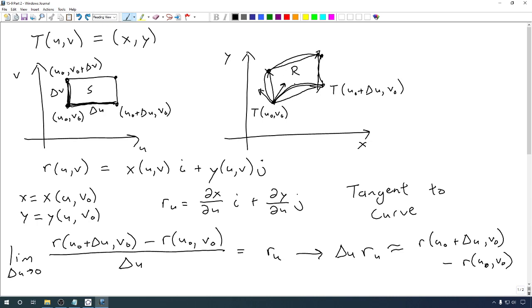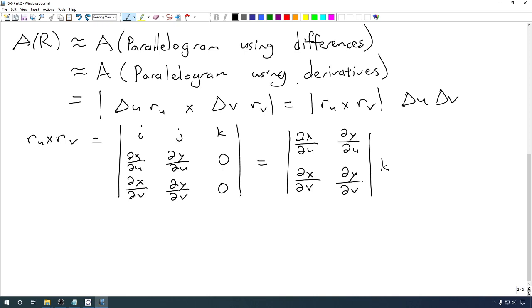We don't want to be dealing with negative areas here either. We want the area of R to turn out to be some positive multiple of the area of S. And that multiple is going to be essentially this determinant. Technically the absolute value of the determinant.